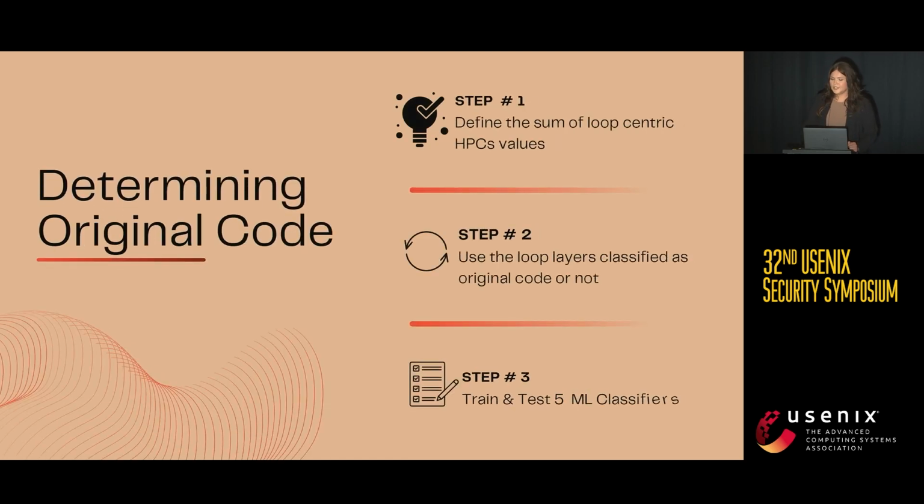We then turn our attention to the next part of our study, which is actually determining the original code. The steps we took were, first, to define the sum of loop-centric HPC values that occurred in each layer as a layer cost. Then we tagged the layer cost of each layer as the original code or not, and we made our first data set.